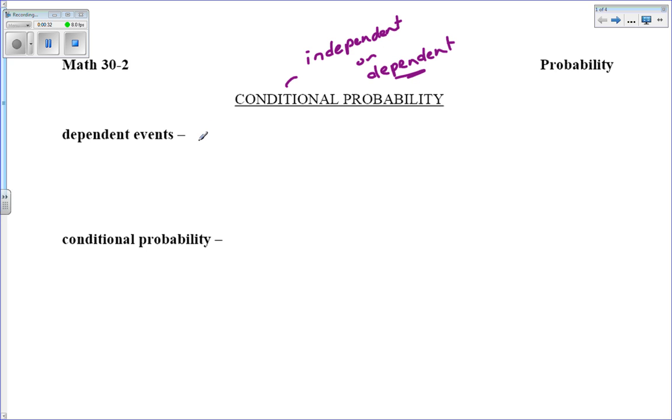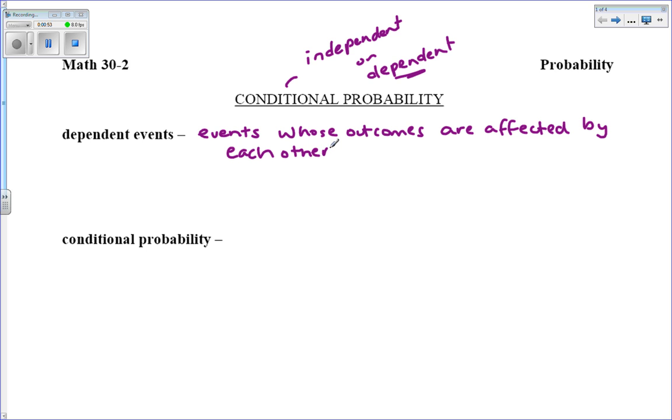So dependent events are events whose outcomes are affected by each other.